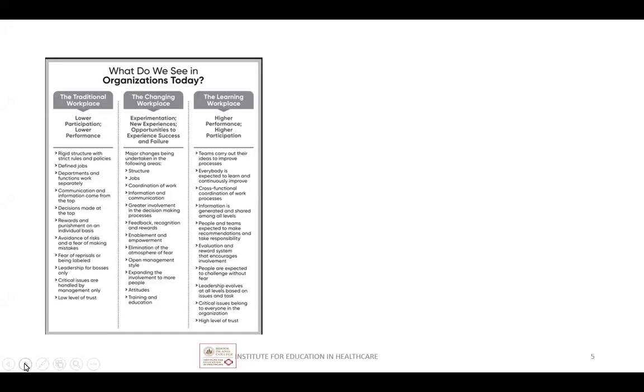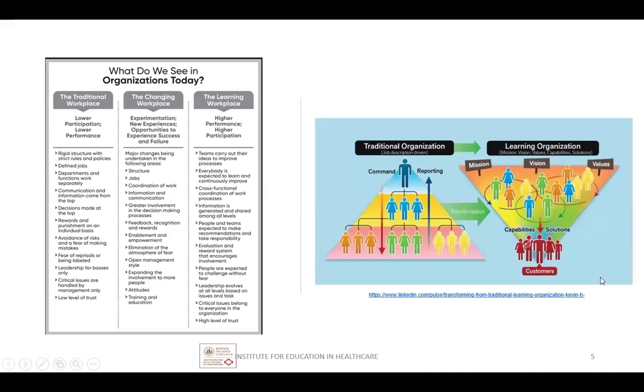This defines the nature of the organization, which is a stark contrast to the continuous learning organization, where the focus and value include building diverse teams and moving together in a manner that is informed by mission, vision, and values, as we see in this image. You can see the difference between traditional and learning literally flips the entire structure of the organization.